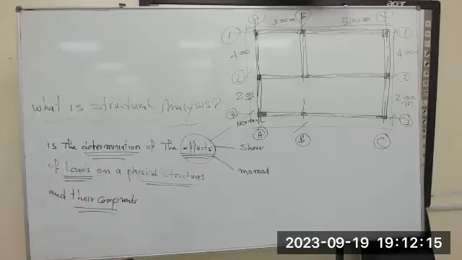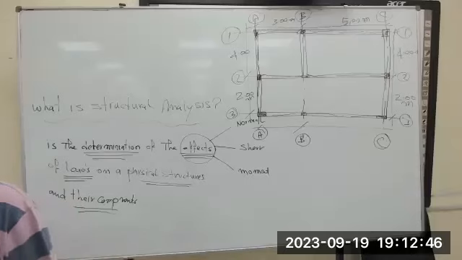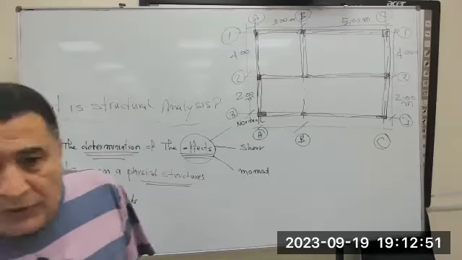Now I consider myself to be a live load. This load will transfer to the soil. How? When we design, we start with slab, then beam, then column, then footing, correct?